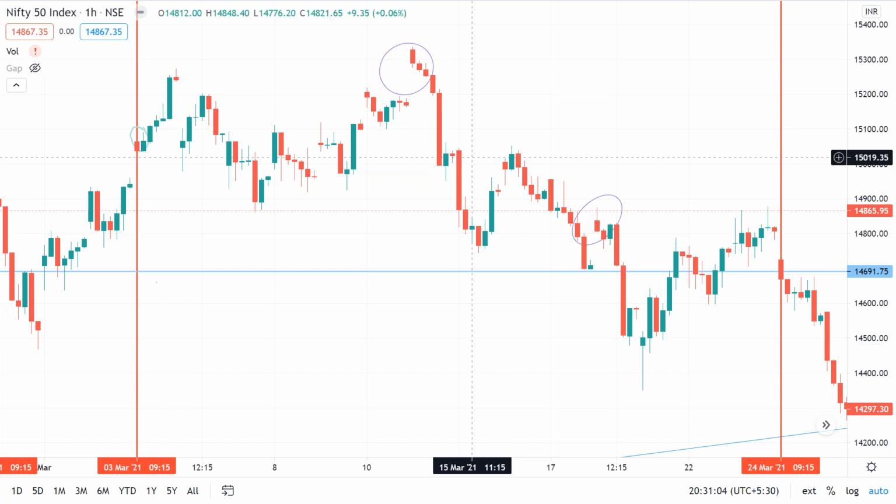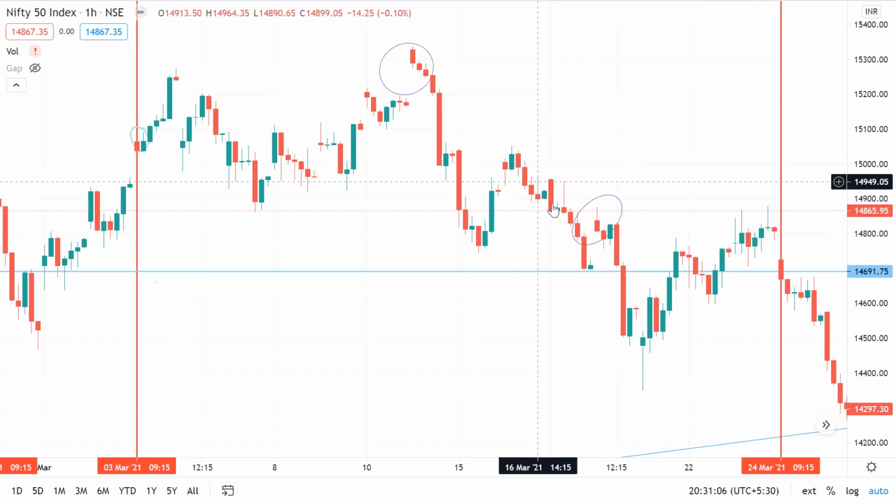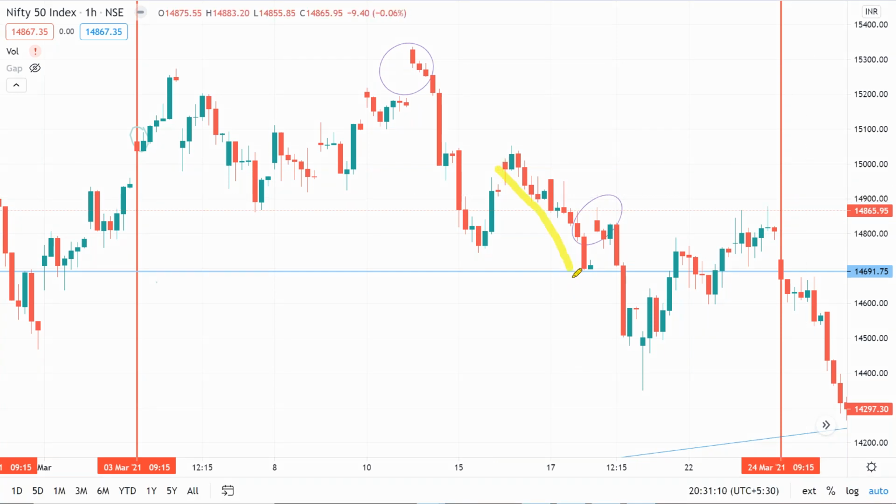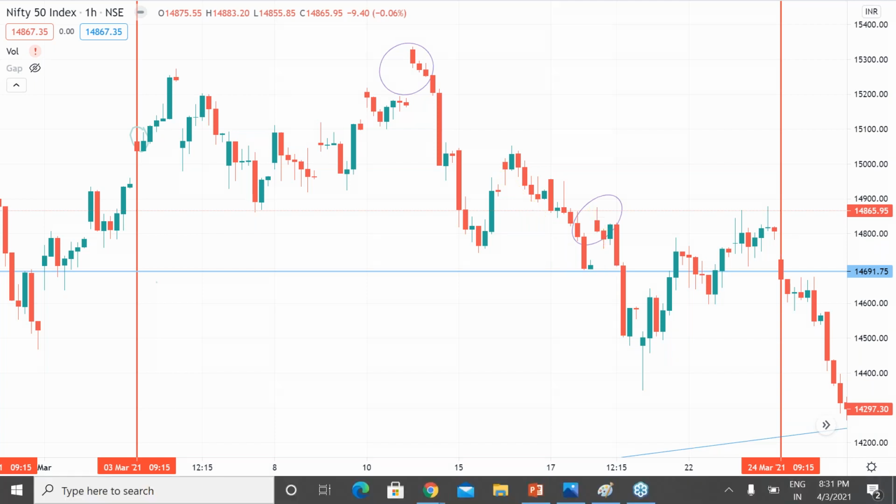In this case, the overall trend is down, as you can see, and there is a surprising gap up, which has nothing to get support, and then the entire gap covers up. There is a fall in the market. So this is another example of exhaustion gaps, and it's better understood by looking at n number of examples. You can also find out examples on your own, and it will help you.